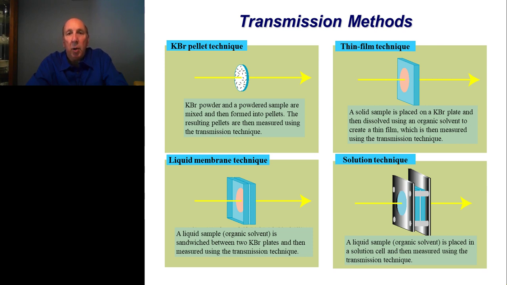The thin film technique, where we place a very thin amount or a small amount of the sample onto a KBr plate, either dissolved in an organic solvent, let the solvent dry off, and create a thin film, or actually put another window on top of that, like this one, where we have a small amount of liquid trapped between the two windows. And then we also have a solution technique where we can put a solution or sample in a fixed path length cell and get an analysis doing it that way.